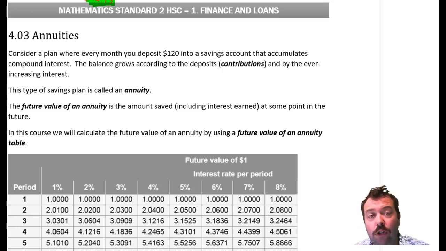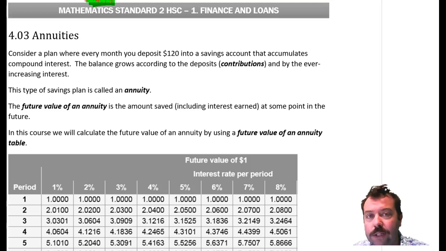The present value of an annuity is that amount of money I would have to deposit into an account at the beginning and leave there with no further contributions to arrive at the same future value.